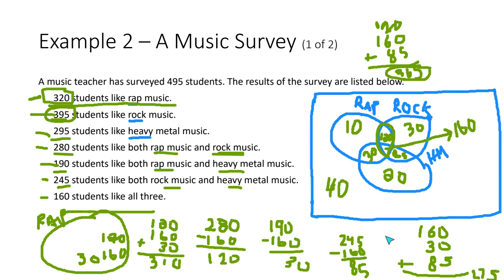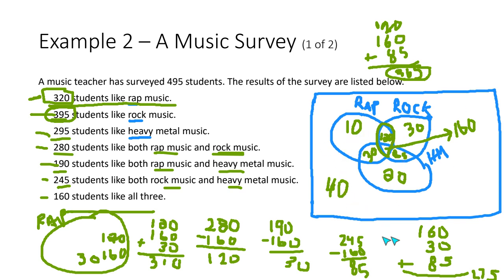So if that's the question, rap and rock only, then it's 120. So what happens is without the Venn diagram, it would be a little bit difficult to figure out exactly these individual results. So the Venn diagram helps us to really dissect this information and know what these areas are individually.